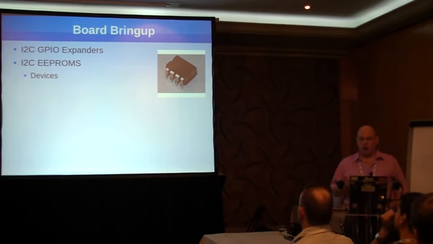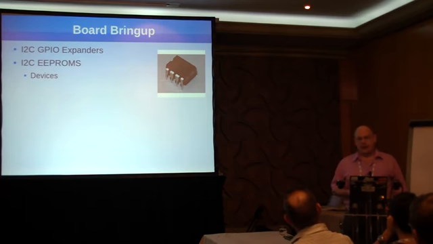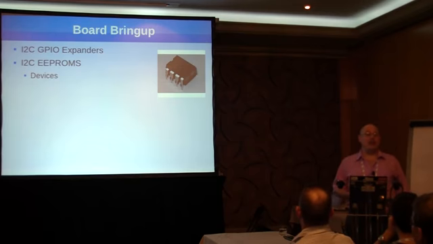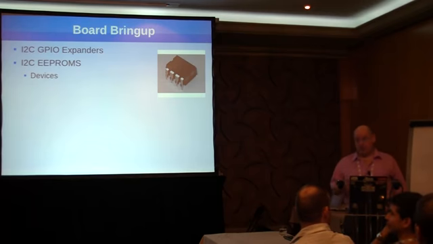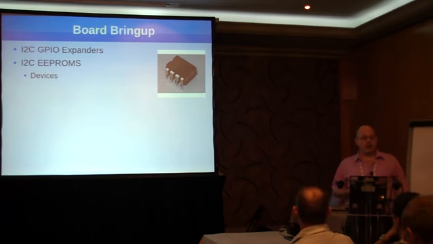I2C EEPROMs are so prevalent, I would be willing to bet that there's not a single laptop in this room that doesn't have an I2C EEPROM in it, in multiple. Your LCD panel is going to have one, your BIOS might have one, your hard drive is going to have one.